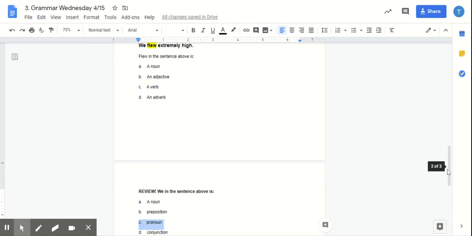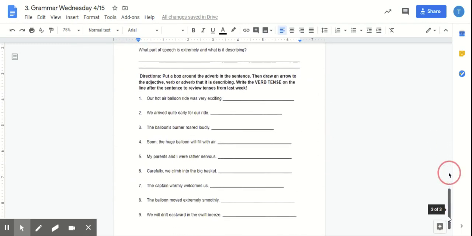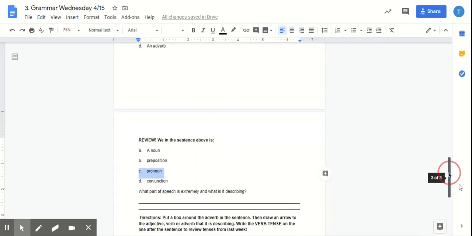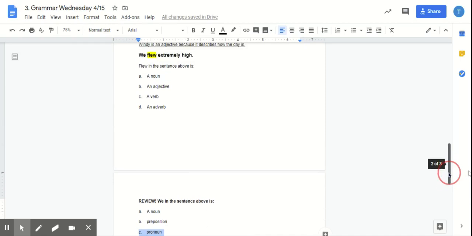All right. So the next sentence, again, this is all review for the first pieces. Now, the last piece is asking what part of speech is "extremely" and what is it describing? So let's go back up to the sentence. We flew extremely high. What part of speech is this and why? Right. This is an adverb. So this is adding on to how high they flew.